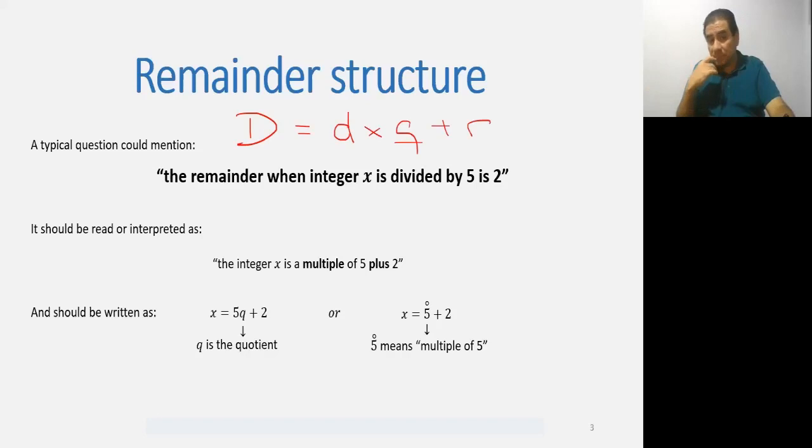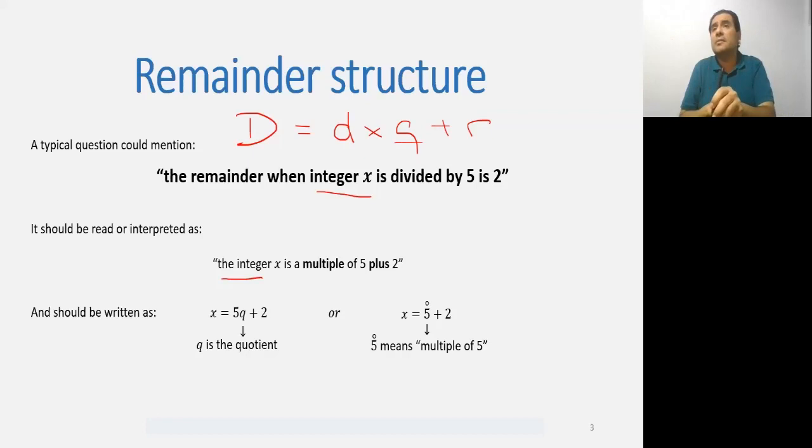So in this case, identify the dividend. What's the dividend here? Integer x, right? So that integer x should be a multiple of 5, that means 5, the divisor, multiplied by some other integer, plus the remainder, which is 2. So that is the way to read or interpret this remainder structure.